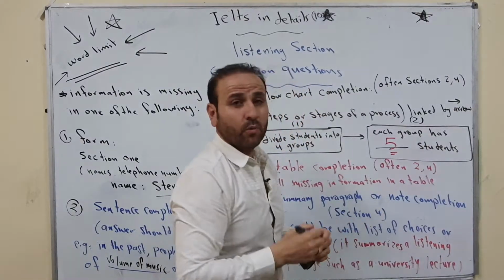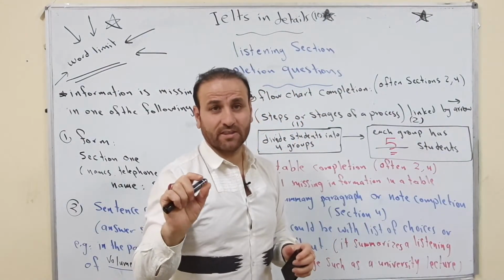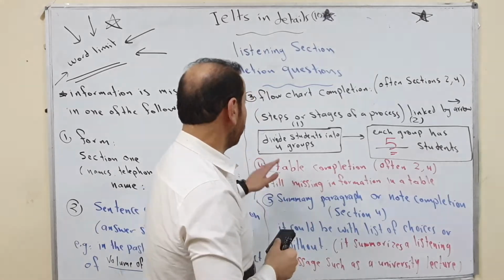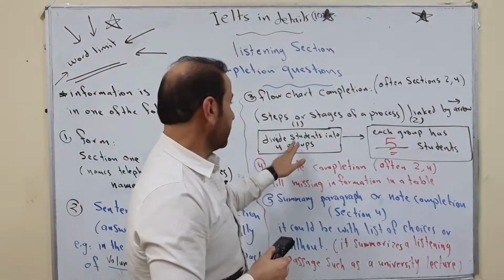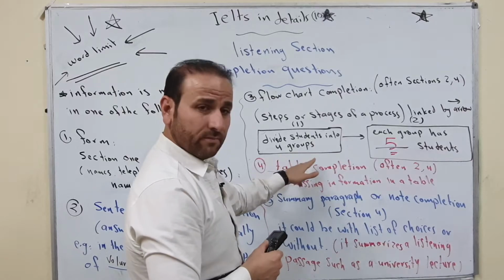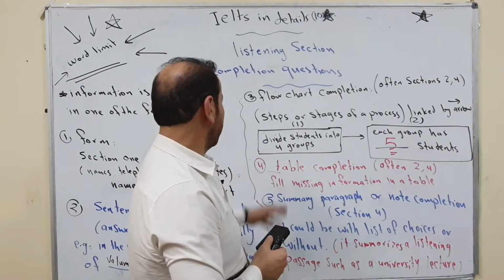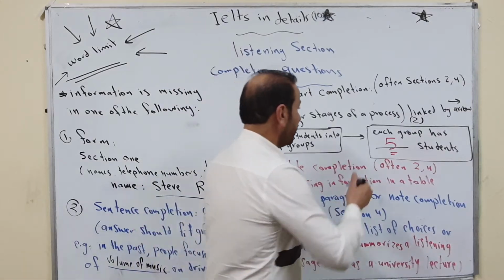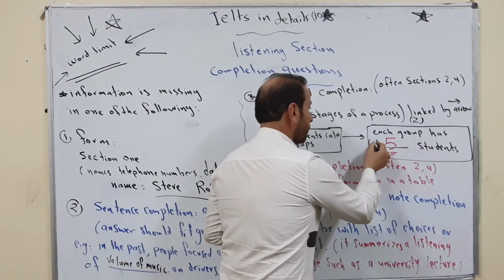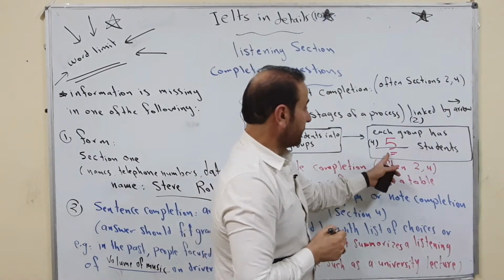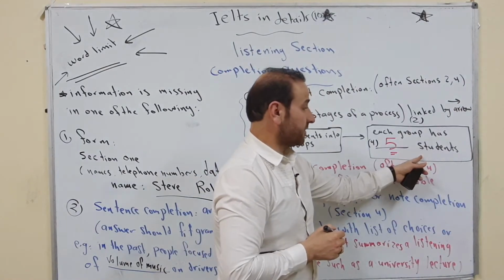In these steps, we have some missing information, some missing words. We have to complete them. Step 1, divide students into 4 groups. This is group 1. No questions in this step. In step 2, here this question number 4, for example. Each group has space students.